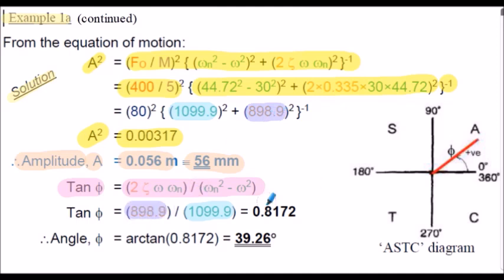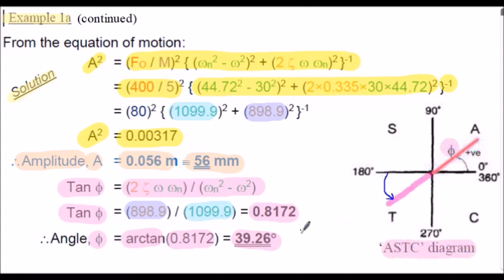That gave us a value for tan phi of 0.8172. And again, we need to find the angle, so we're going to take the inverse tan of both sides of the equation, so inverse tan of the ratio, so 39.26 degrees. Because we've got a positive tan ratio, that puts us in this first quadrant here for the value of angle phi on our ASTC diagram.